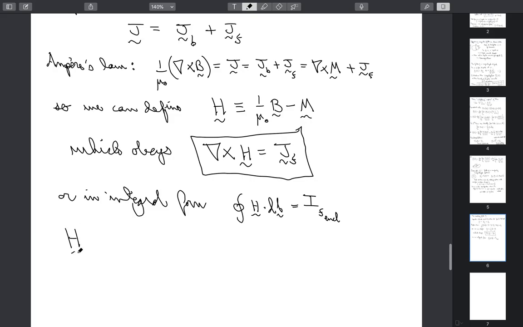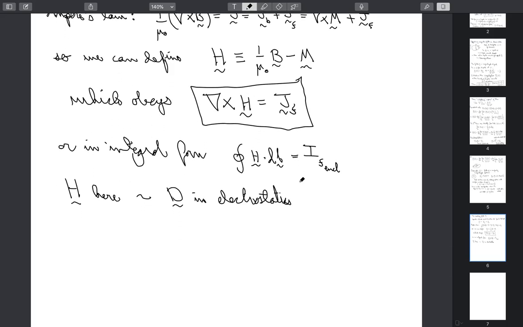So H here in magnetostatics is like D in electrostatics. It's just a convenient re-representation of the very same things, where we have isolated the external sources of currents for our fields. So very, very simple rewriting.